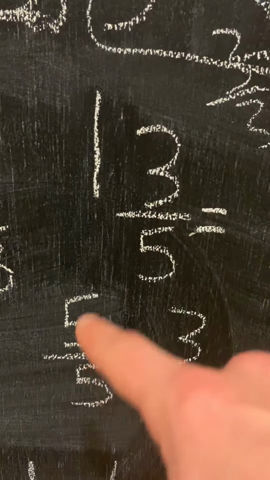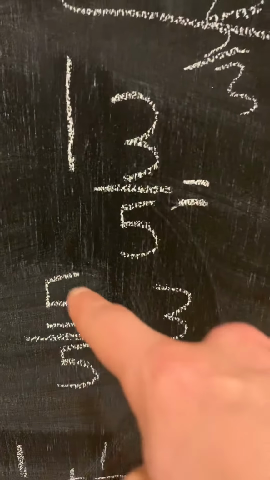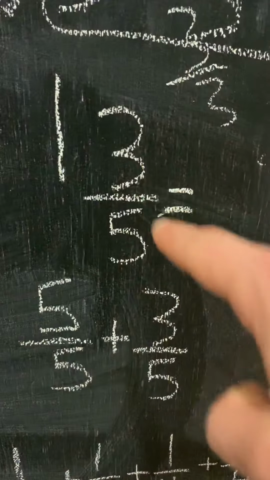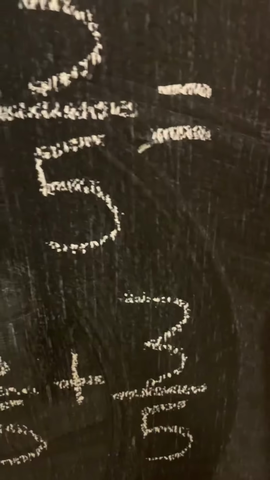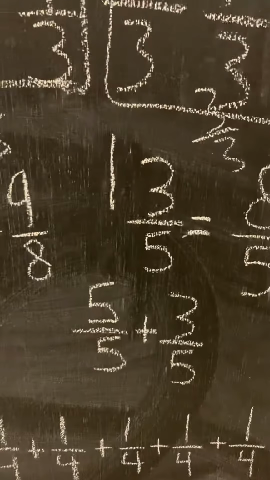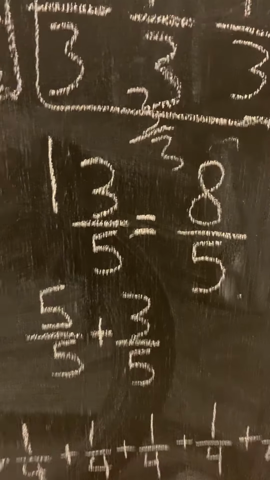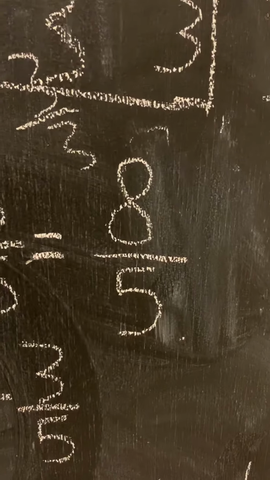Then we add that 3/5 on. 5/5 plus 3/5 equals 8/5. So 1 3/5, written as just a fraction, is 8/5.